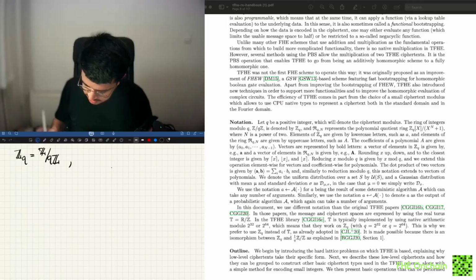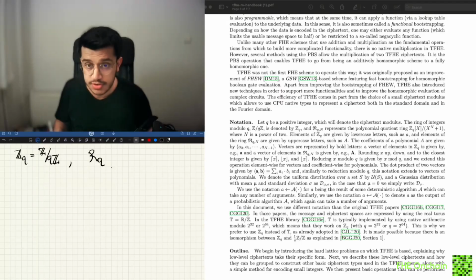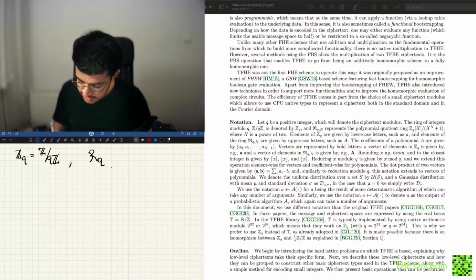And we have another notation, R_q, which is actually a ring, and it represents the polynomial quotient ring Z_q[X], obviously with polynomial modulus X^N + 1. So let's start with this one. What does this mean?